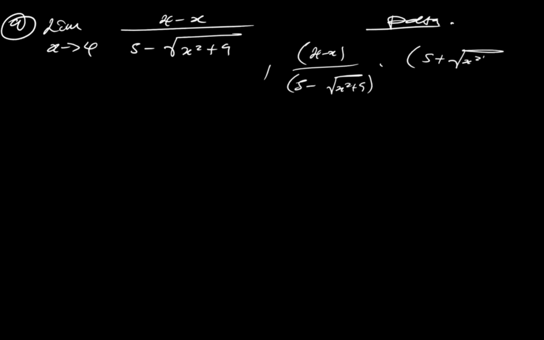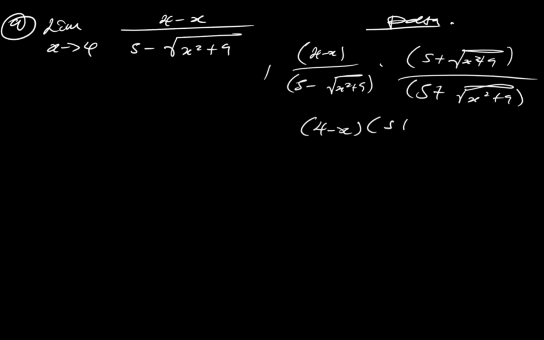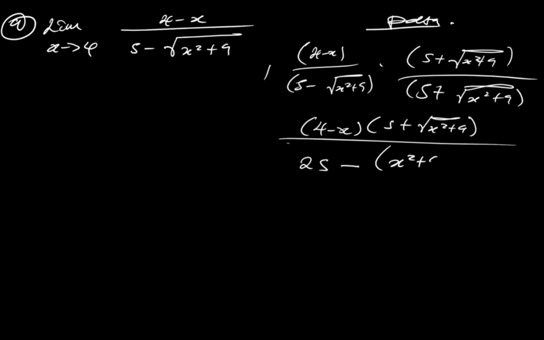So root of x squared plus 9 over 5 plus root of x squared plus 9. So if you do the expansion, remember 4 minus x, let's let it be the way it is, because in most cases it tends to simplify out. So first with first and last with last. So you have 25. Now be careful on this part. It's going to be 25 minus what you get, which is x squared plus 9.